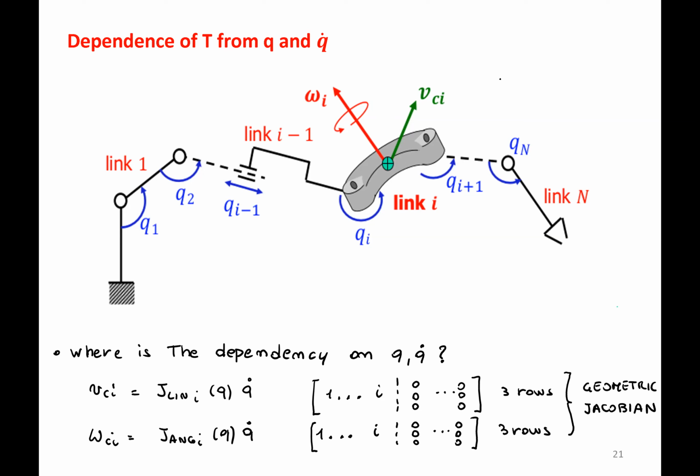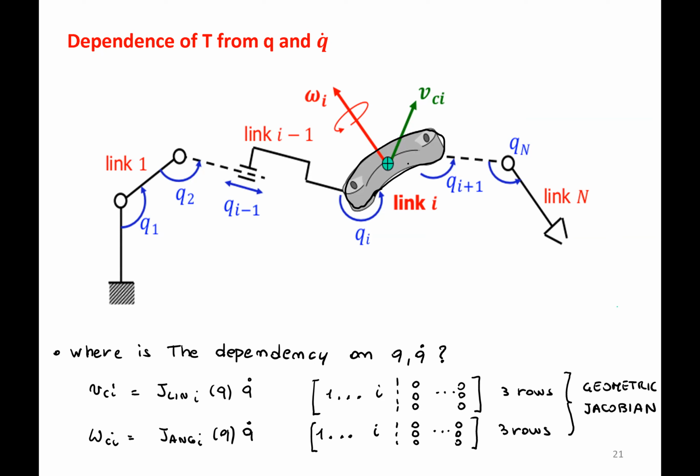Let's consider, for example, a link i located in the middle of the kinematic chain. The same as we did for the computation of the geometric Jacobian for the end effector, the velocity of this body will depend only on the motion of the joints preceding the link.